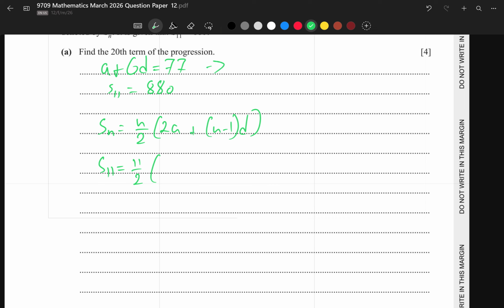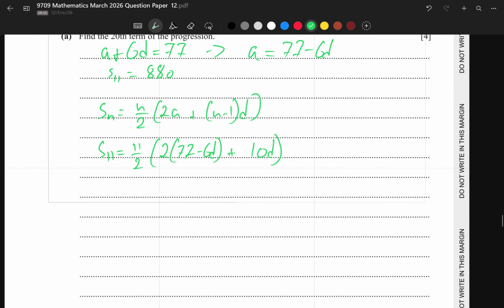From here if we make a the subject, a is equal to 77 minus 6d, so 2 times 77 minus 6d plus 11 minus 1 is 10, so 10d.